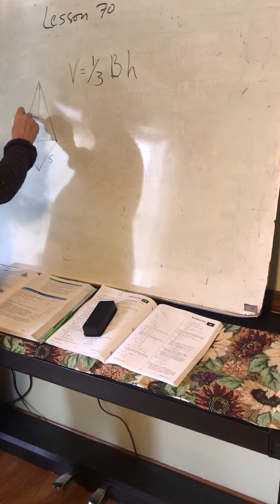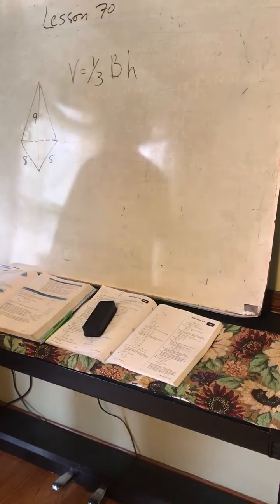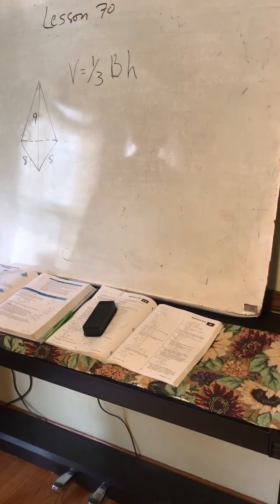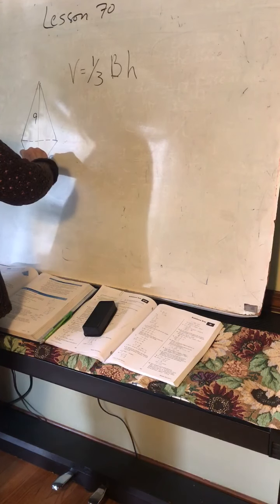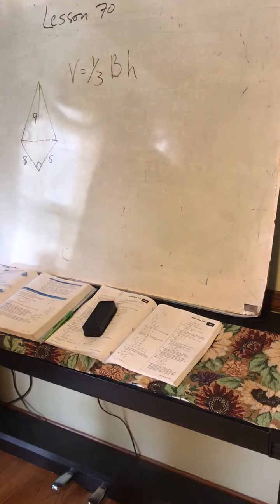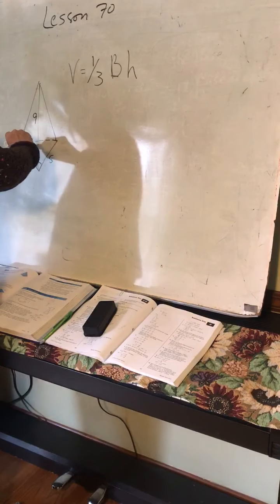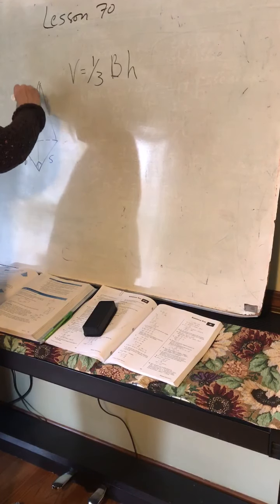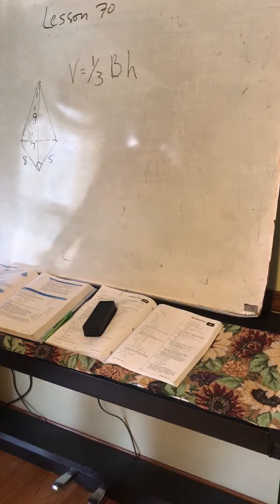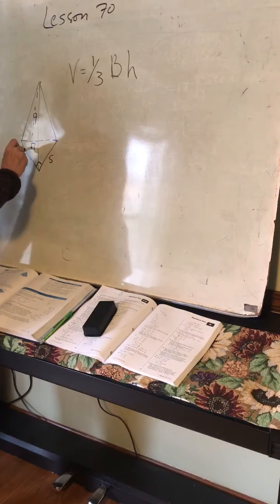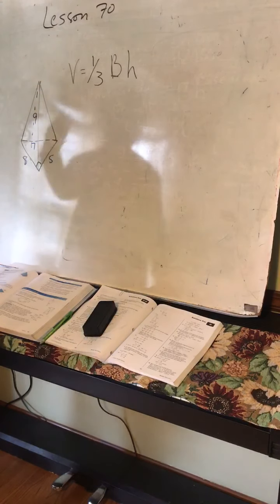And this is 9. And they are saying this is perpendicular here. We'll need to know that. And then the altitude, which is different than your lateral or your slant height used. This is your altitude. This is just the height of this figure.